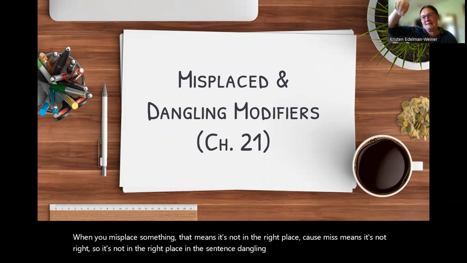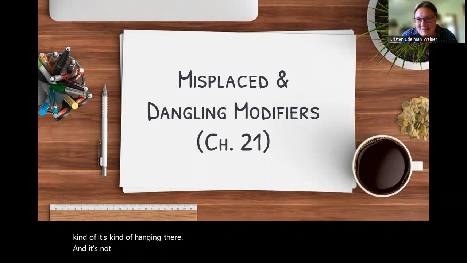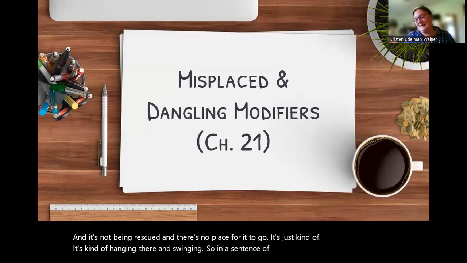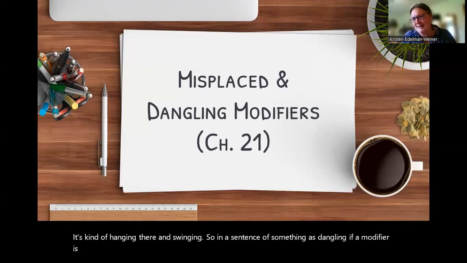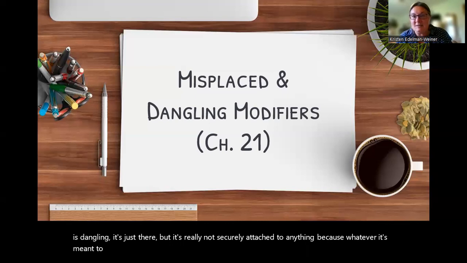Dangling, if something is dangling, it's kind of hanging there and it's not being rescued and there's no place for it to go. It's just kind of hanging there and swinging. So if a modifier is dangling, it's just there, but it's really not securely attached to anything because whatever it's meant to be describing simply isn't present in the sentence.